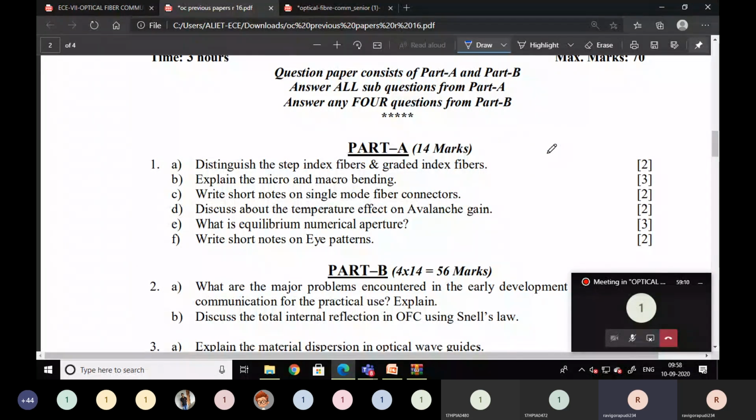Nearly 14 plus 3: nearly 14 on part B and 3 on part A, 17 marks. You have to get ready to get 17 marks from the first chapter. Must and should, you have to get 17 marks. Whenever you get a minimum of 15 in this first chapter, then I will start the second chapter.